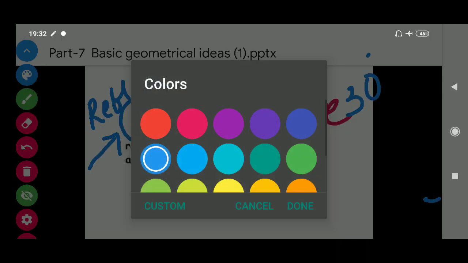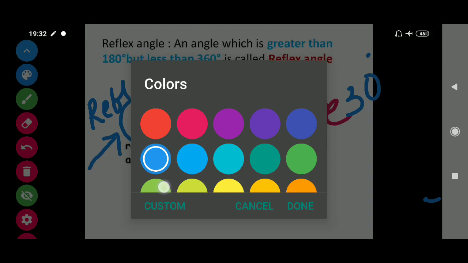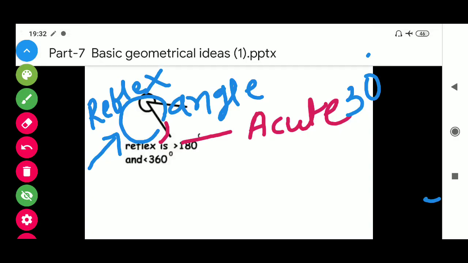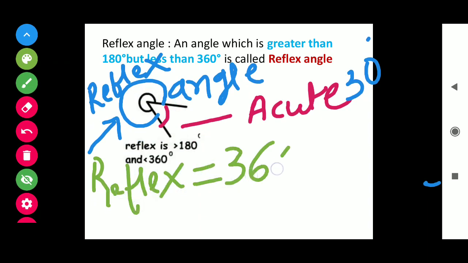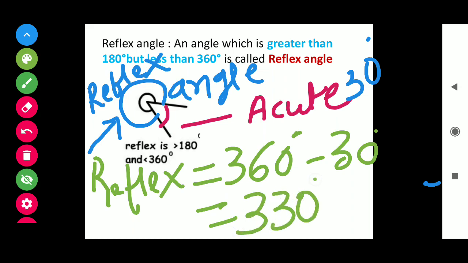So reflex angle is equal to 360 degree minus 30 degree of acute angle. So my reflex angle will be 330 degree. Like this you can find out.